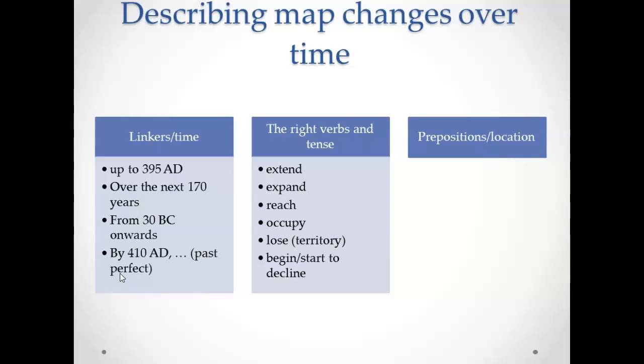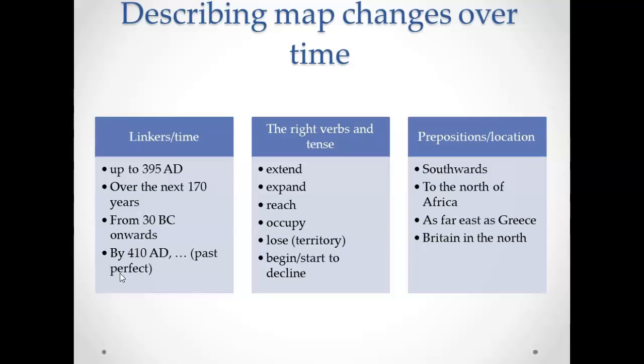You also need to be very good at using prepositions to describe location and time as well. All of these are for location. So, can you do these 3 techniques in your writing?